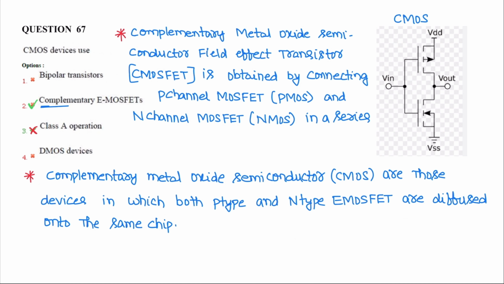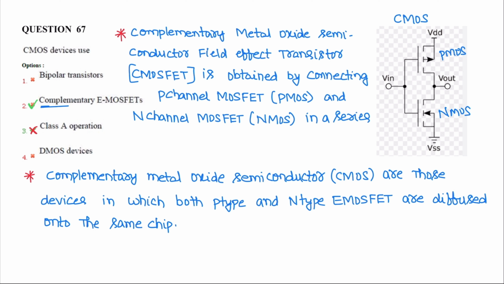Question number 67. CMOS devices use. So CMOS stands for complementary metal oxide semiconductor field effect transistor, obtained by connecting PMOS, that is P channel MOSFET, and NMOS, N channel MOSFET, and these are connected in series. So this is PMOS, P channel MOSFET, N channel MOSFET, connected in series.